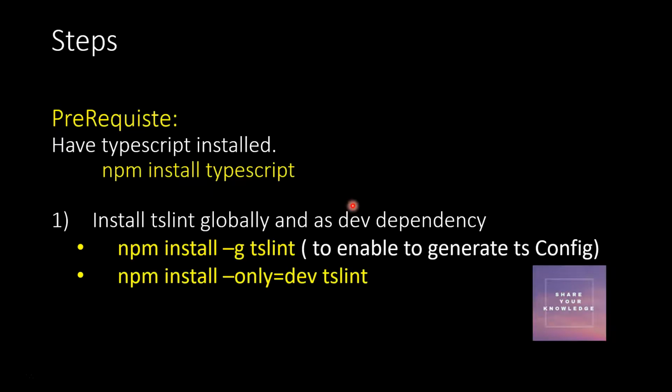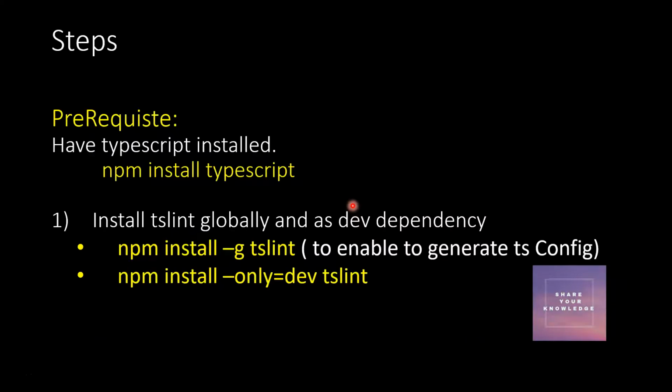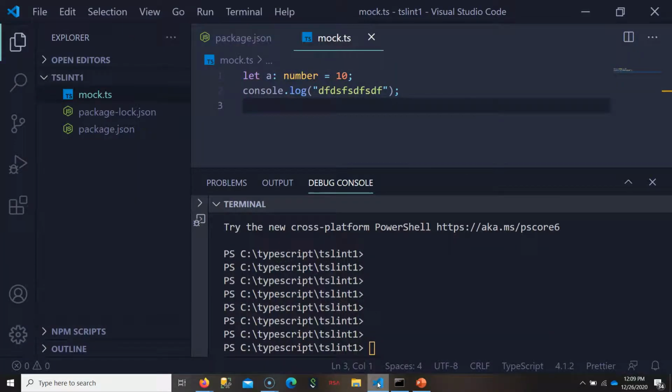So let's see the steps for enabling TSLint in VS Code. Maybe it is a four-step process. For explaining the steps, I already have a sample application, which I will be using to explain the steps we have to do.